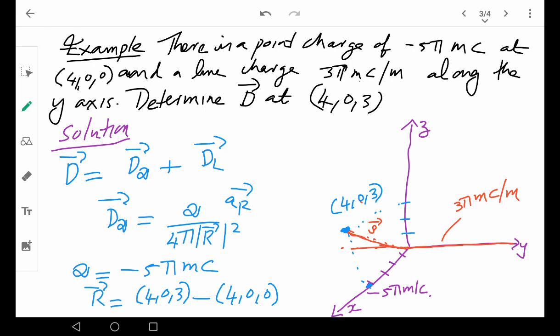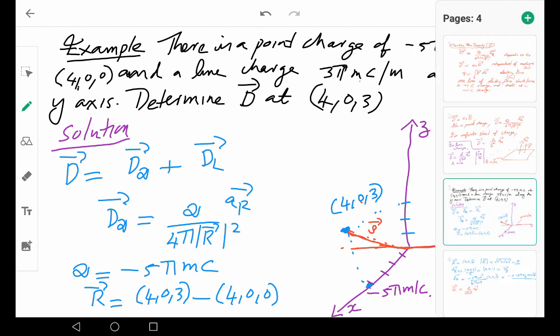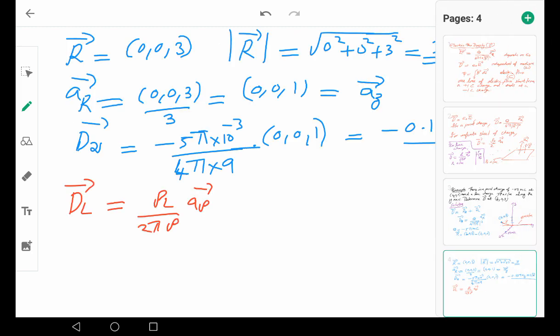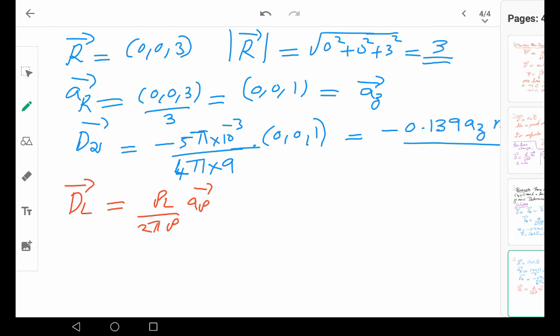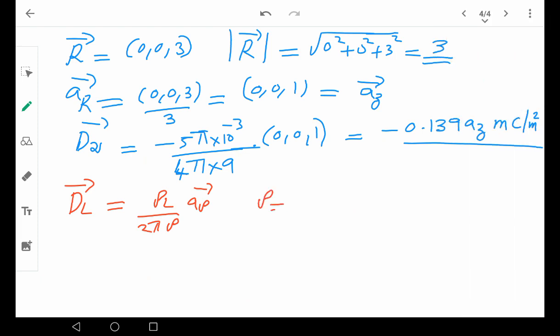If you do like that, you can write ρ equal to (4, 0, 3) minus (0, 0, 0). ρ is a vector.